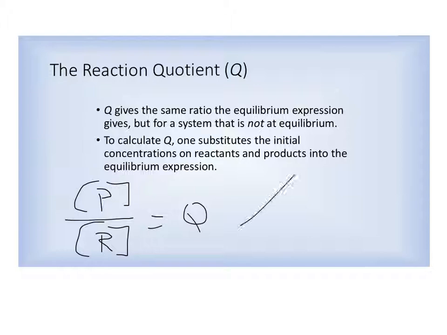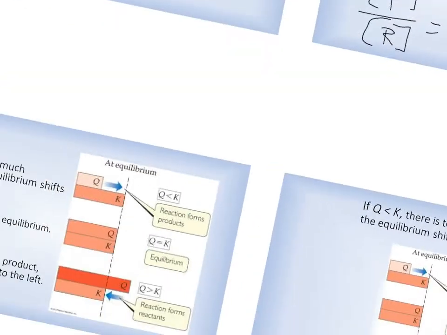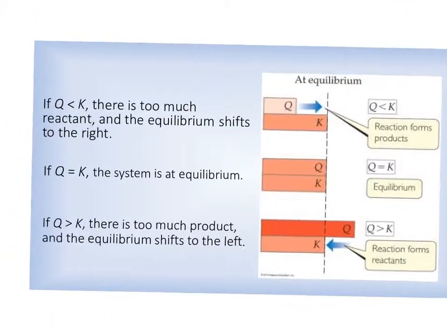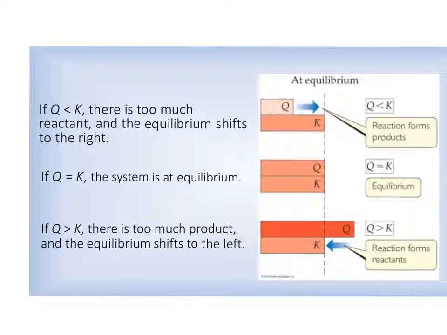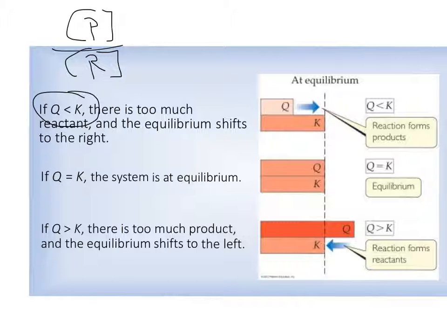All right, so if we take a look down here, this kind of summarizes what Q can tell us. Again, we're writing our equilibrium constant expression exactly the way that we've done before. We're plugging in the current values that we have, and we're looking at how that value of the reaction quotient compares to the constant. If the reaction quotient is less than the constant, then, looking at this products over reactants ratio, that's what these values are both equivalent to.